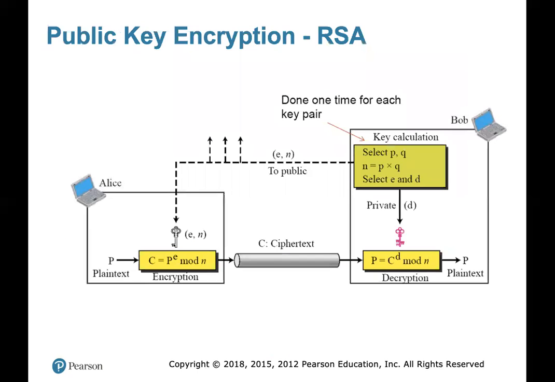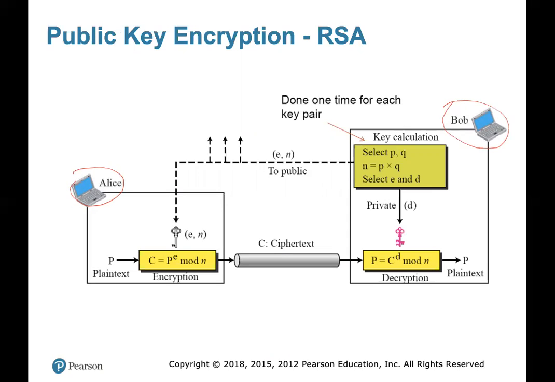Okay, again, here is the same thing in a different plot. So it says that we have Alice, sender or encryptor, and we have Bob. These are the classical names that are widely used in encryption. Alice is trying to send something securely to Bob.